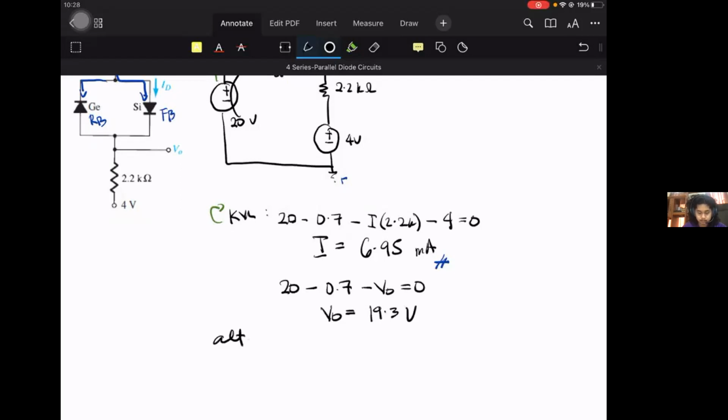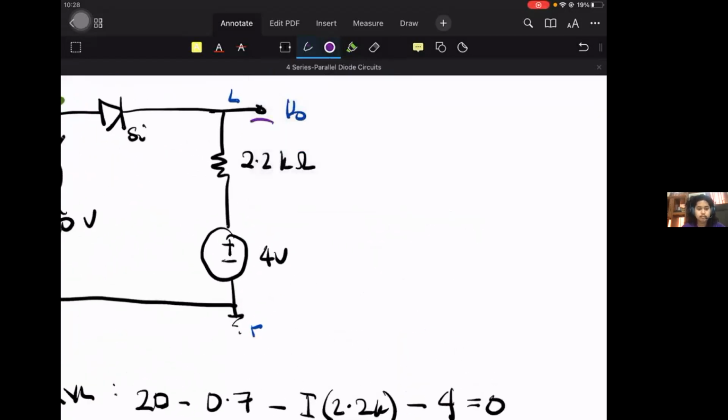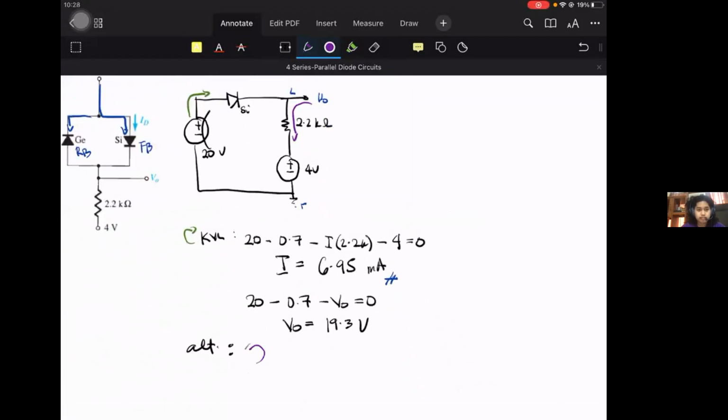Alternatively, we can do KVL on that path, from here, downward. We would get the same answer, but it would look like this: VO minus IR, which is 6.95 times 2.2, minus 4 equals 0.